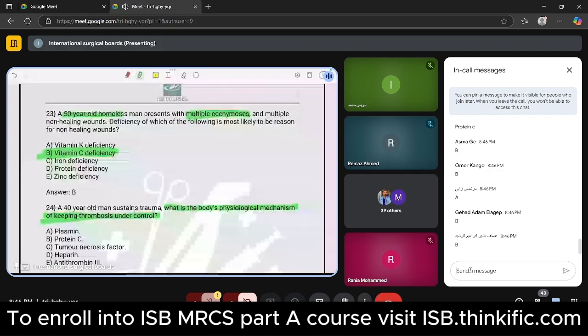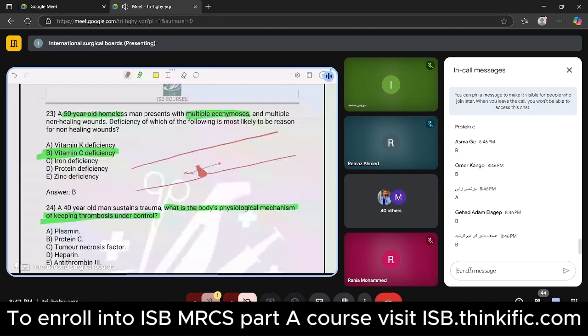What's meant by the body's physiological mechanism is how the thrombus is kept to the site of injury. That's the meaning. Purpose: when someone gets injured, all of us know, when there's a vessel injury, normally the blood at the site of injury should clot, should form a thrombus to occlude the site of injury, but it shouldn't spread to other sites.